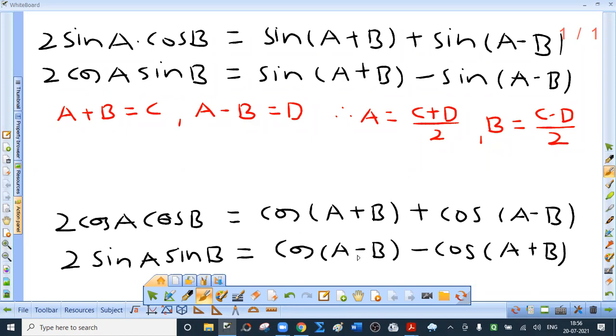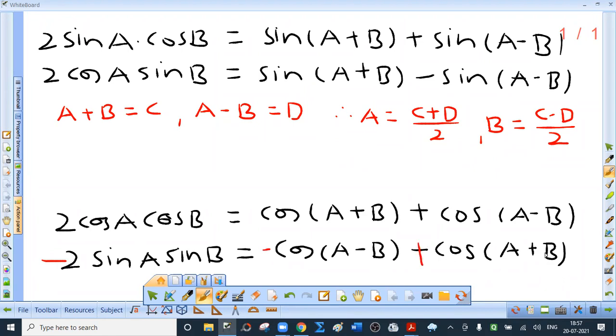Fourth formula. Remember A minus B first. So cos D minus cos C equal to 2 sin of C plus D by 2 into sin of C minus D by 2. Or if you multiply both sides by -1, then this is minus and this is plus.